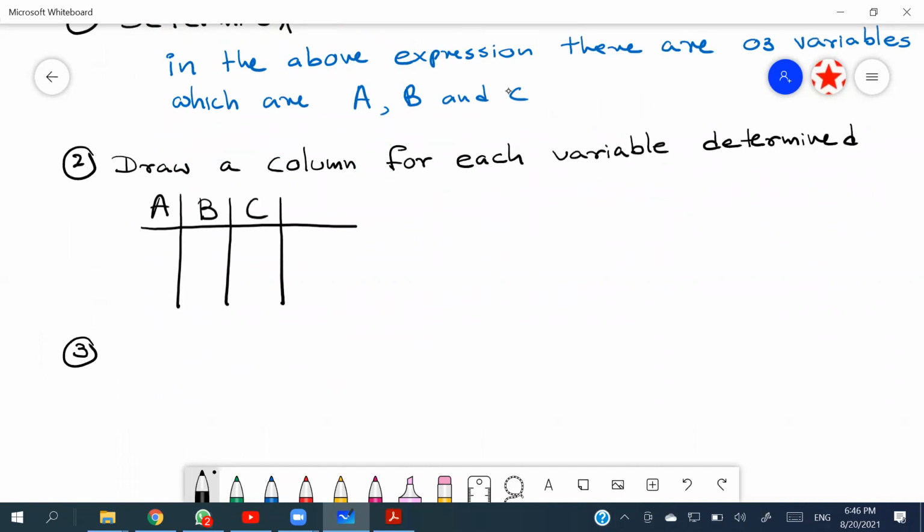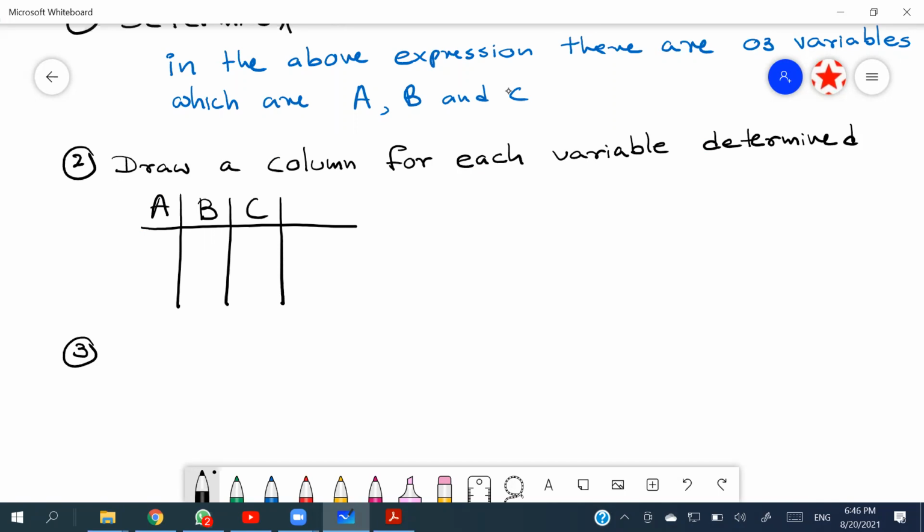Now, the third one is the one where you have to concentrate more. We are going to write the input combinations for these input columns.